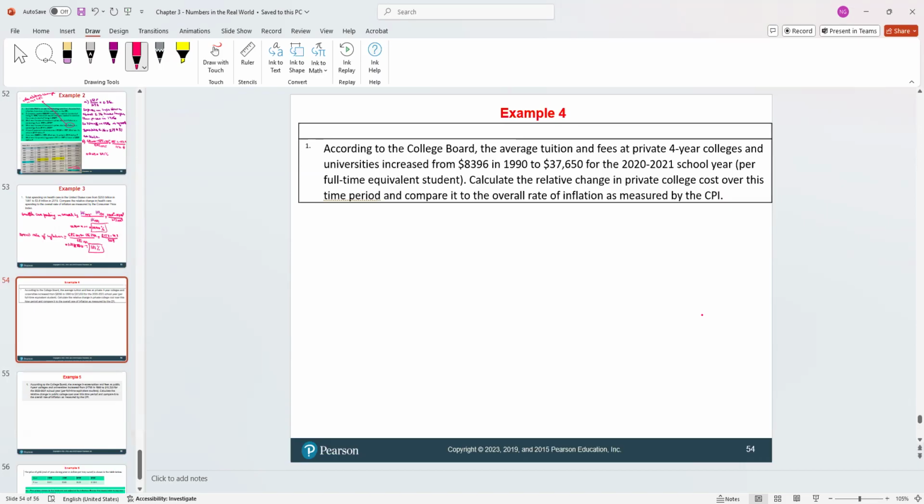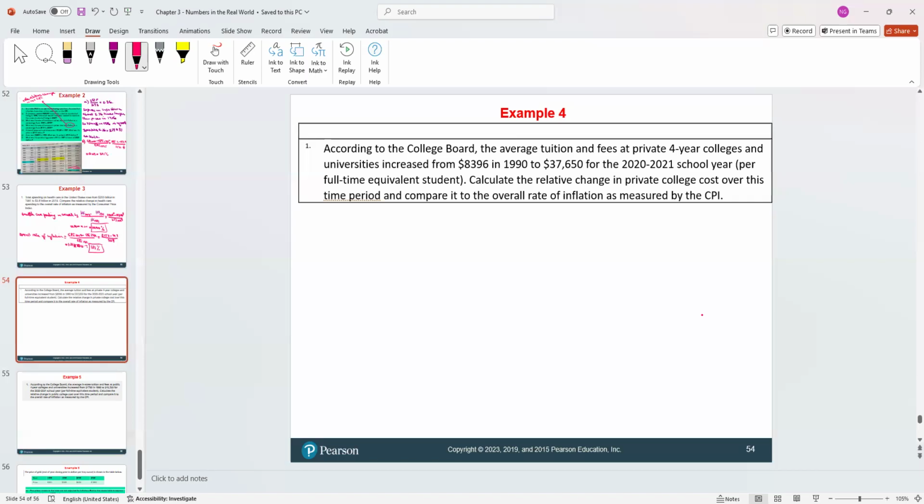The average tuition and fees at private four-year colleges and universities increased from $8,396 in 1990 to $37,650 for the 2020-2021 school year, per full-time student, right? Calculate the relative change. Remember, relative change is always in percentages, in private college cost.